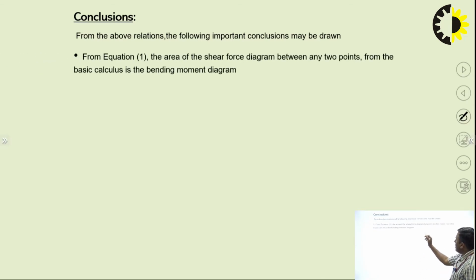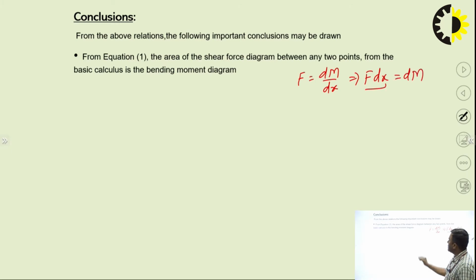The area of the shear force diagram between any 2 points, from basic calculus, gives the bending moment change. What is the relation? F equals dM over dx. So I can write this as F into dx equals dM.